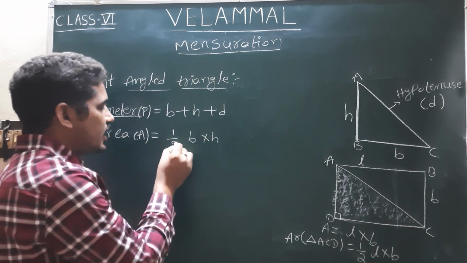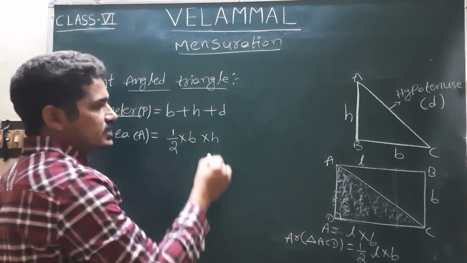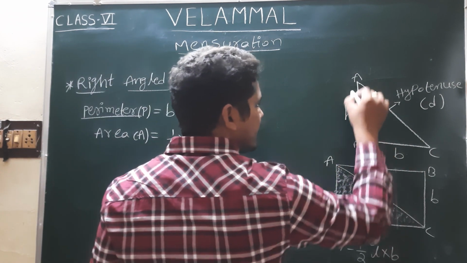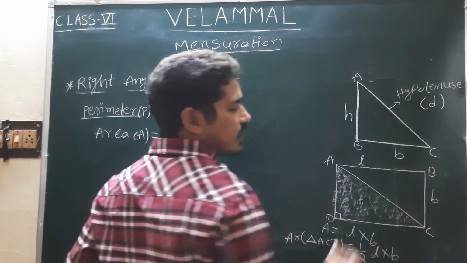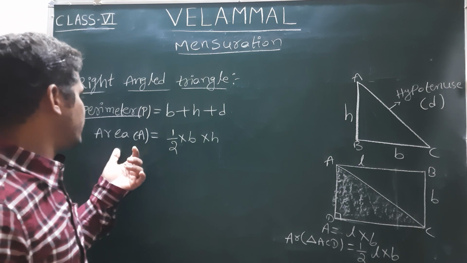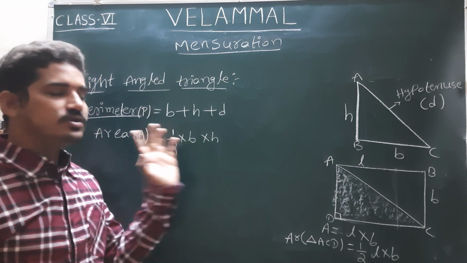So we take half into base, which is this, and height. If we continue this, we will get one rectangle. So the area of the triangle will be half into base into height.